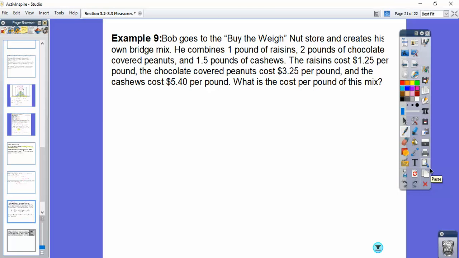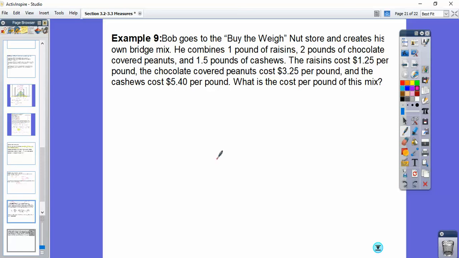That's your GPA. Another scenario for a weighted average. Bob goes to a by-the-weight nut store and creates his own bridge mix. He combines 1 pound of raisins, 2 pounds of chocolate-covered peanuts, and 1.5 pounds of cashews. The raisins cost $1.25 per pound, peanuts $3.25 per pound, cashews $5.40 per pound. I want the cost per pound of the mix.